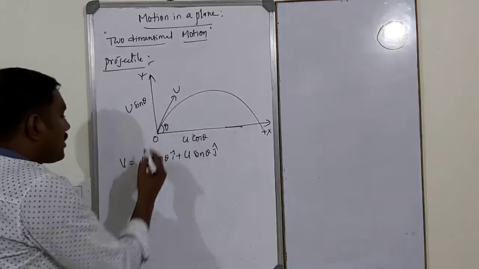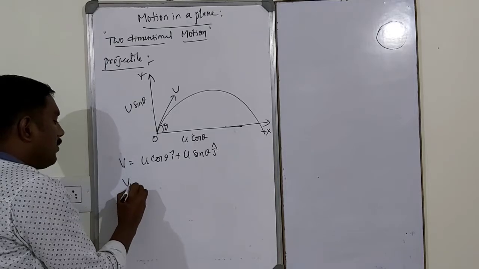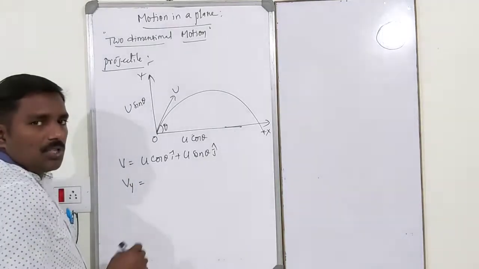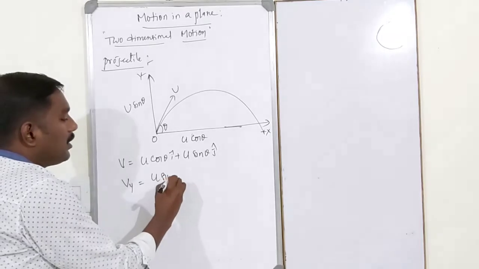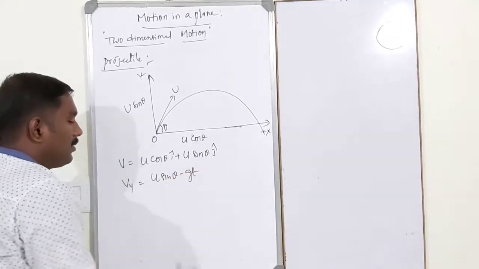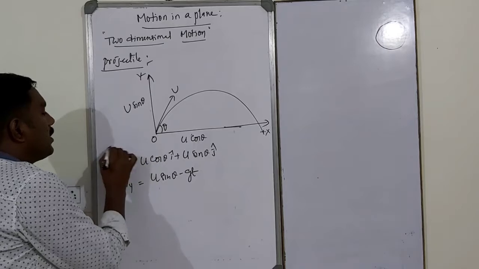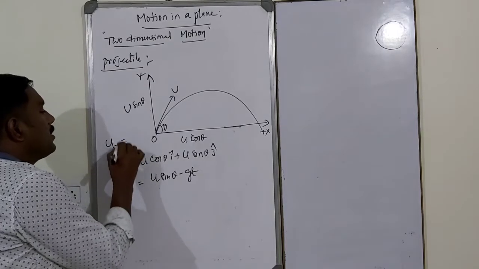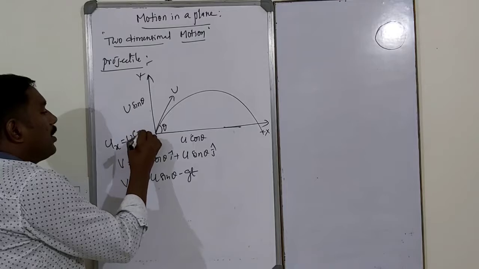So the vertical velocity Vy changes continuously. After time interval t, it is u sin theta minus gt. The horizontal component, ux, is nothing but u cos theta only.